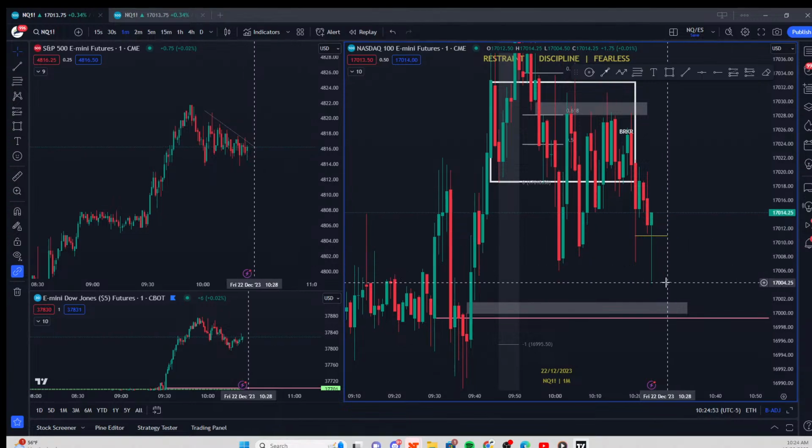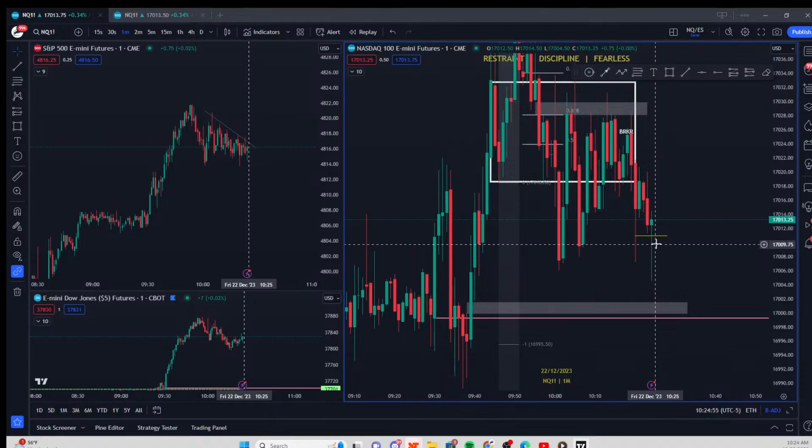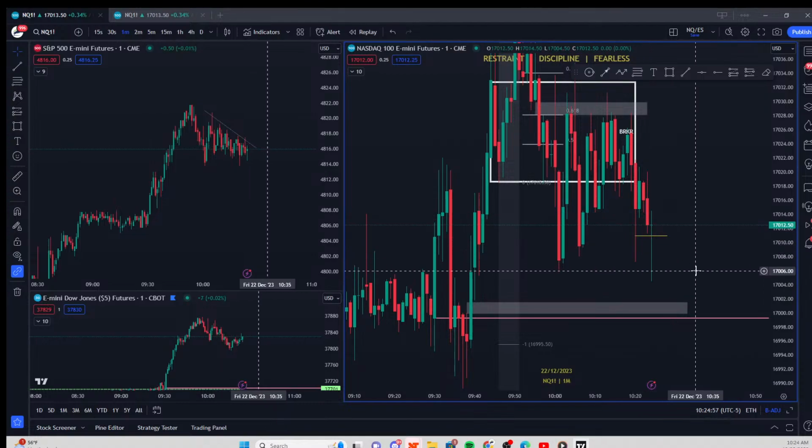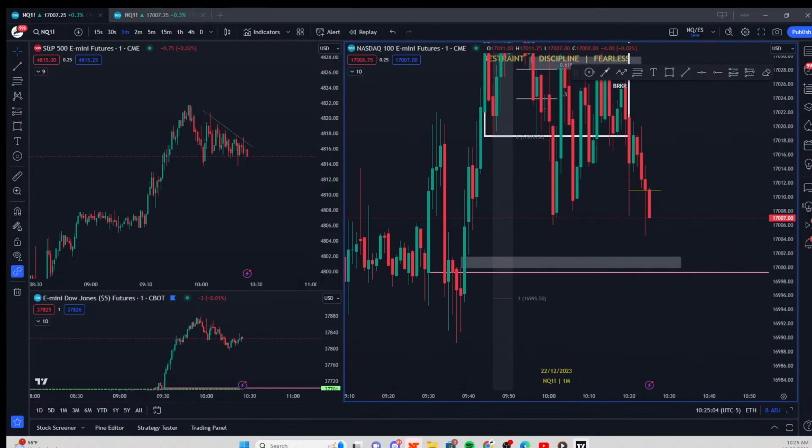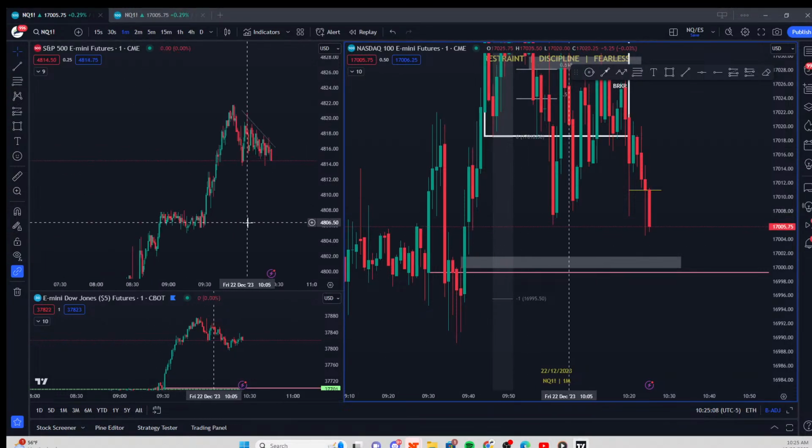That's interesting. Really close above it. Close on it now. Okay, there we go. Equals on the yes.